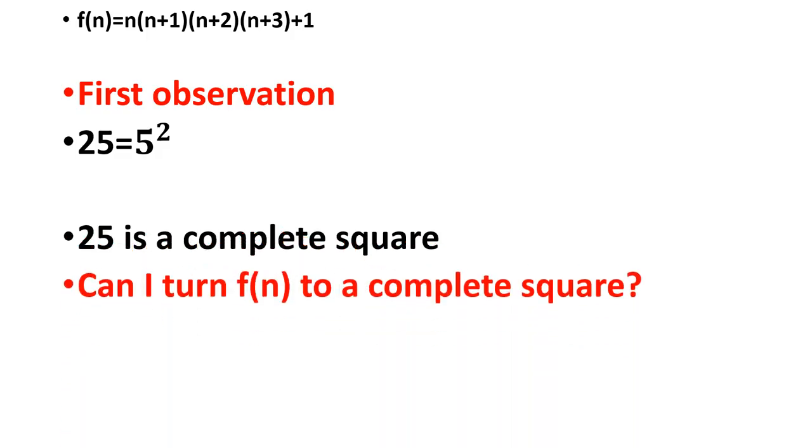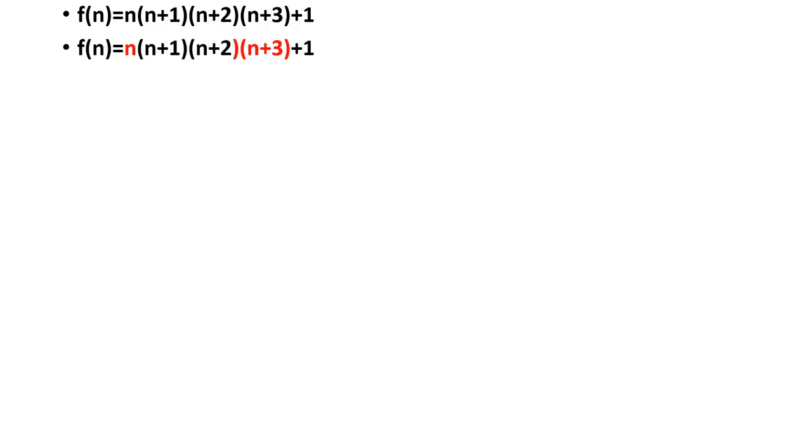So to make that a complete square, let's look at this. I wrote n and n plus 3 in red and these two in black, meaning multiply these two and multiply these two. Why did I select this? Remember, I want to make it a complete square.